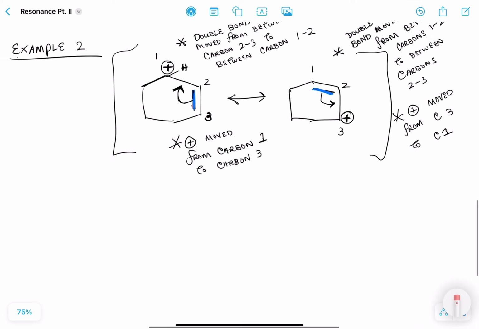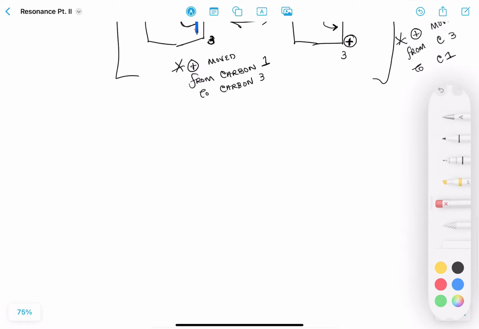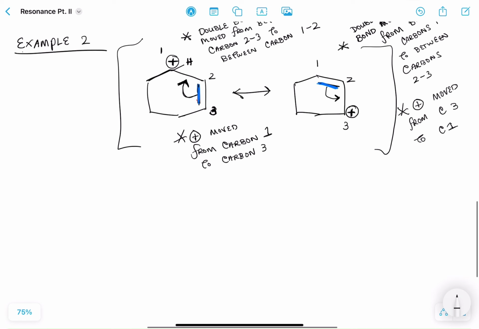Now let's do another similar example. If I were to draw the resonance hybrid, actually, before we move on, what would that look like? So the cyclohexane ring is going to be the backbone.